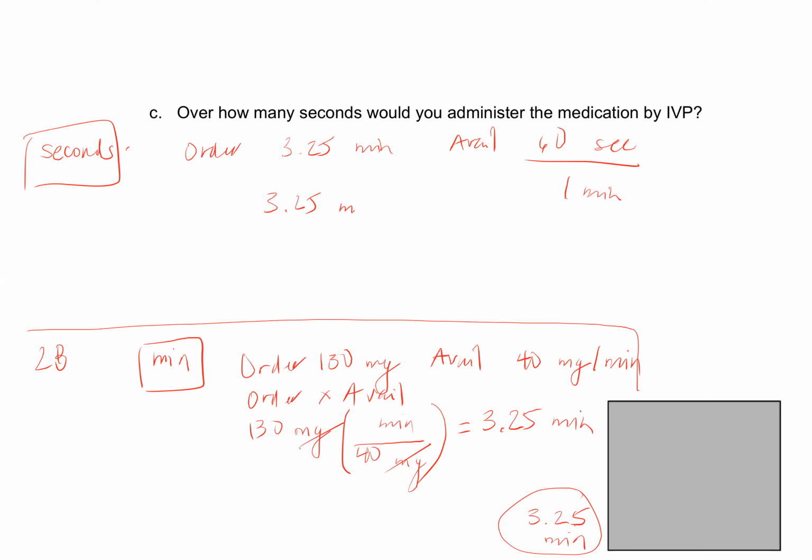You want to cancel your minutes unit. So 3.25 times 60 is 195 seconds. Final answer for 2C, 195 seconds.